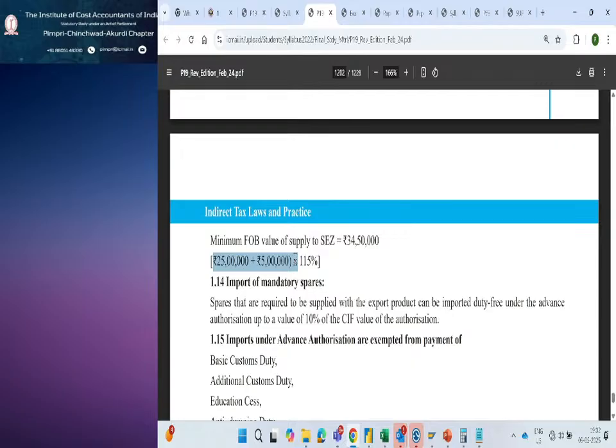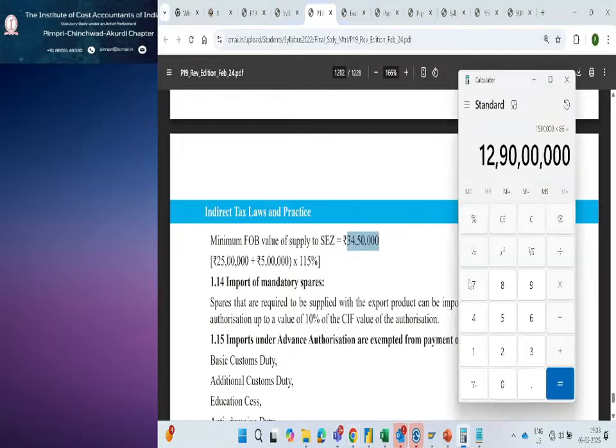On 30 lakhs, what we have seen is that the minimum value addition should be 15% in case of advance authorization scheme. So 15% means 115%. You have imported 30 lakhs, and against that what should our export be? Our export should be 34 lakh 50,000.